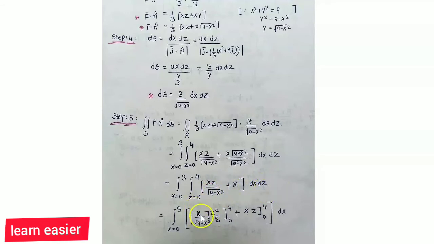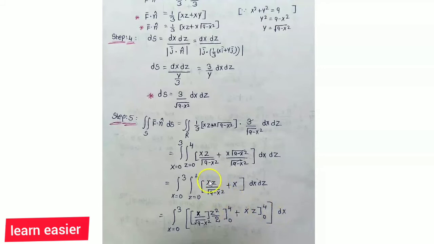So those are written outside, and the integral of z is z square by 2 from 0 to 4, plus x into, so here also x remains constant, so x is written outside, and the integral of 1 dz is z, from 0 to 4. Why? Because we are integrating z first, since we have taken the xz plane. So first we take the integral with respect to dz and then the integral with respect to dx.